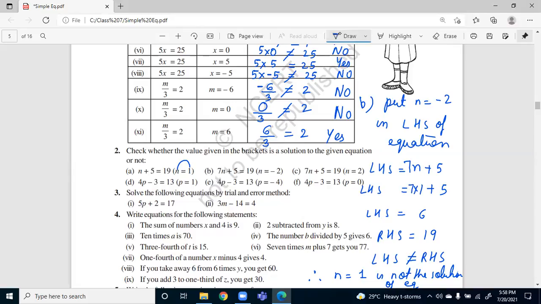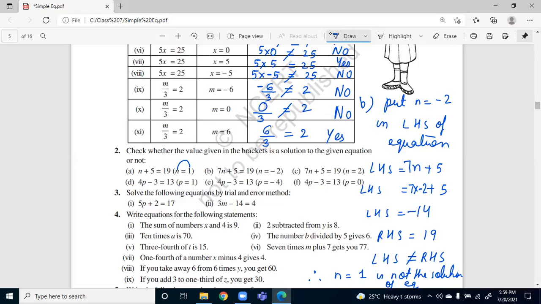7 into minus 2. Yes, ma'am, which will be 14. 7 into minus 2 is 14. No. 7 into minus 2.